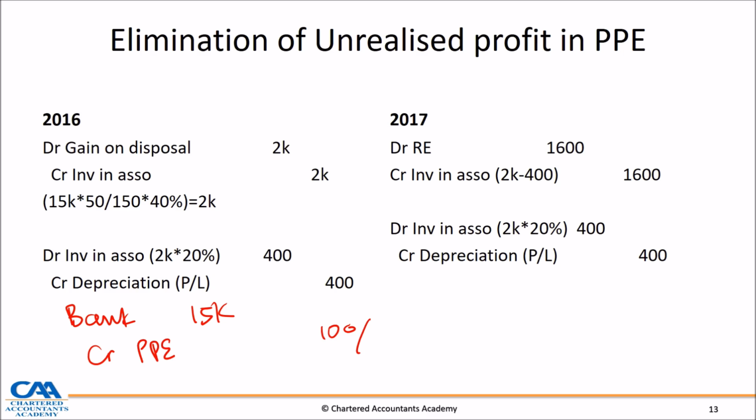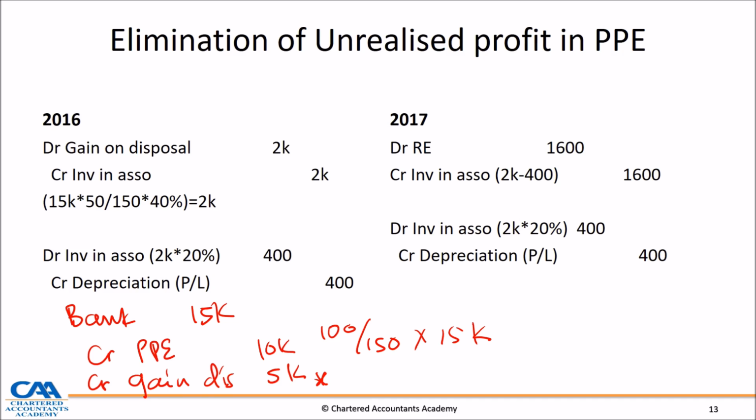So the carrying amount of the PPE was 100 over 150 times 15K, which gives you 10K, which means there was a gain on disposal of 5K which was made.